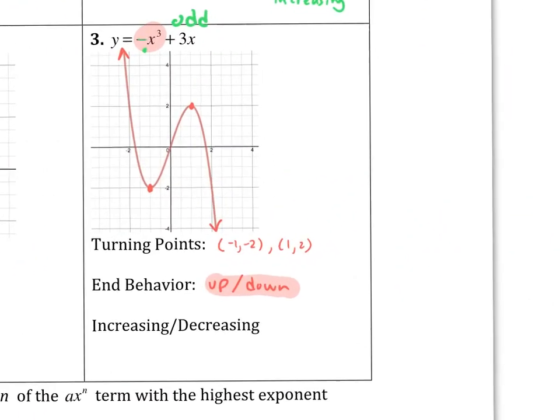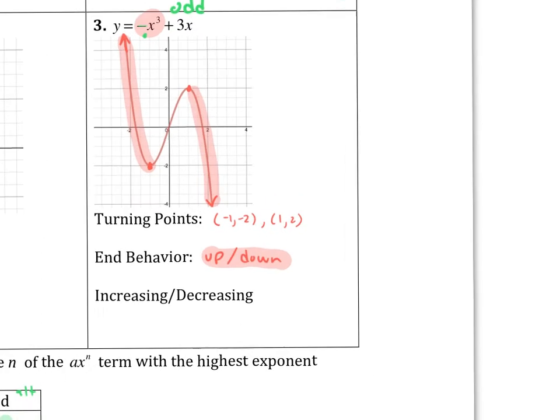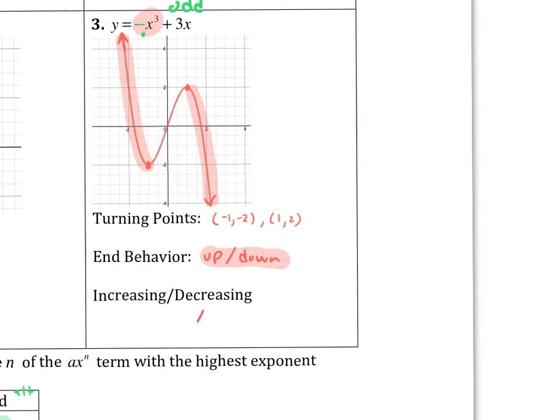This gets a little more complicated, the third one. When does it increase or decrease? The function decreases here, but also decreases here. So it's decreasing when x is less than -1, and it's also decreasing here when x is greater than 1.